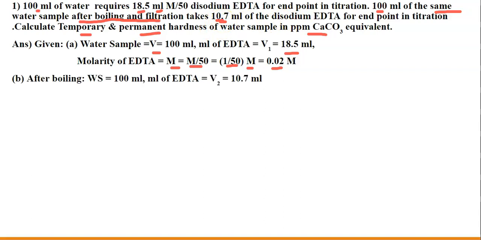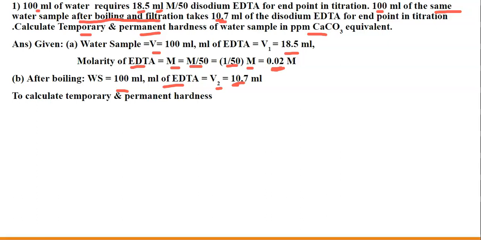So this time the volume of water sample is again 100 ml, and the EDTA required is 10.7 ml. We have taken it as V2 because it is after boiling and filtration. We have used the same EDTA solution, so the concentration of EDTA would be the same, which is 0.02 molar. And now we have to calculate the temporary and permanent hardness of water.